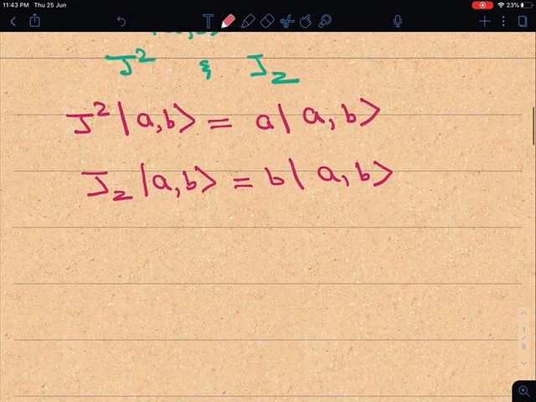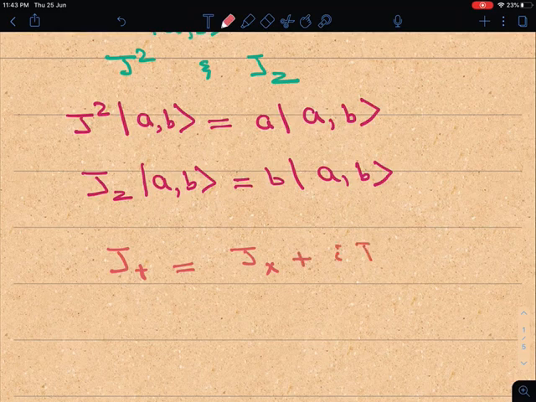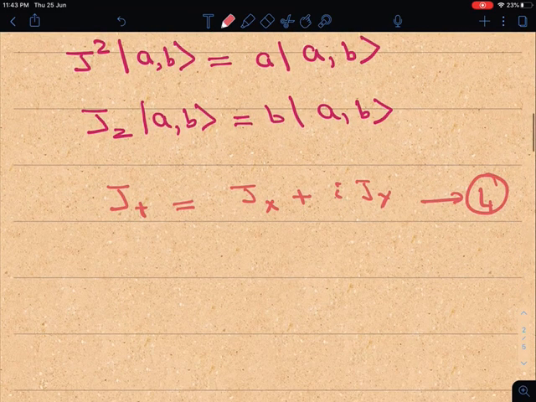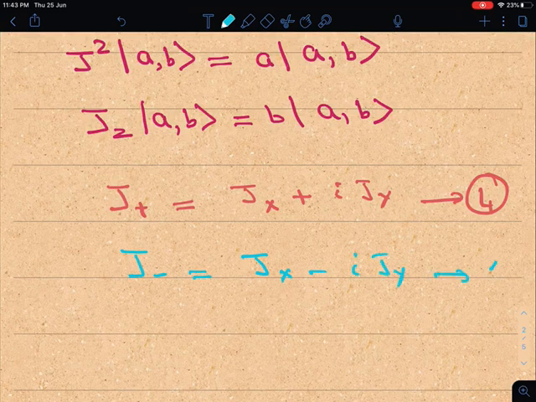In the same video, we discussed the ladder operators. We defined J plus as Jx plus iJy, and we'll give it equation number 4, and J minus as Jx minus iJy, let's put it as equation 5.